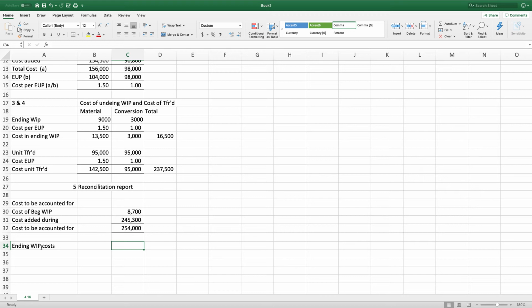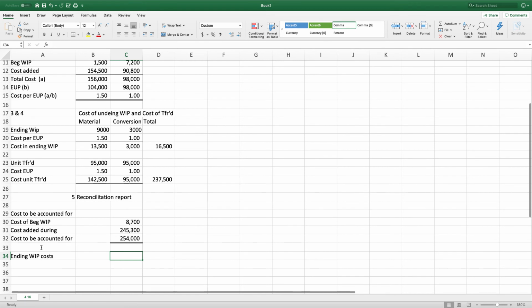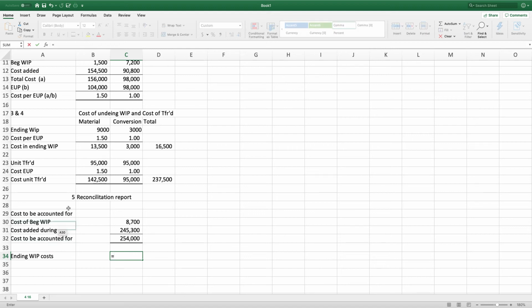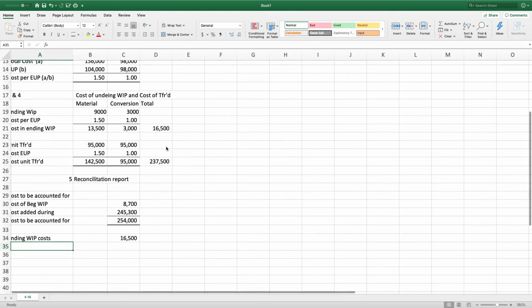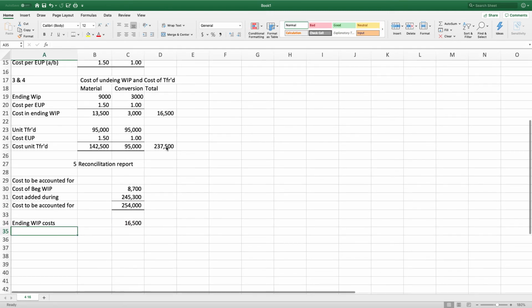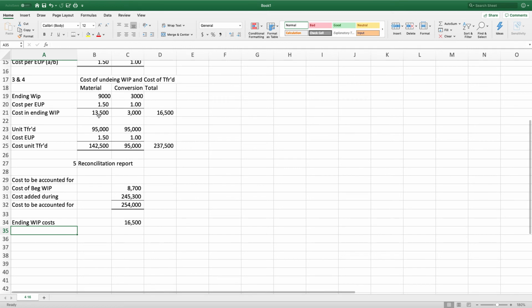Do I have those? Do I need to calculate anything? No, because they're already calculated, right? I calculated them in 3 and 4, right? So that would be the 16.5, right? How did I get 16.5? Well, I took the 13.5 of materials and the 3,000 of conversion costs.